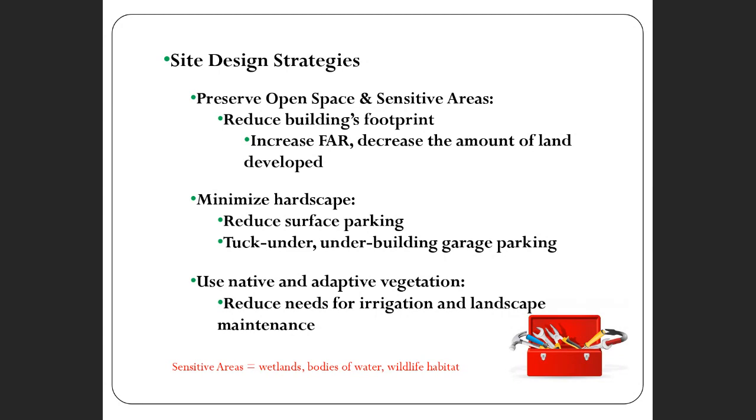And adaptive vegetation would be vegetation that is adapted or selected for our climate as well. We want to try to reduce the needs for irrigation and landscape maintenance. Ideally, we're not going to surround our building with acres and acres of turf grass, because that turf grass requires a lot of irrigation and maintenance, which we want to try to avoid if at all possible.